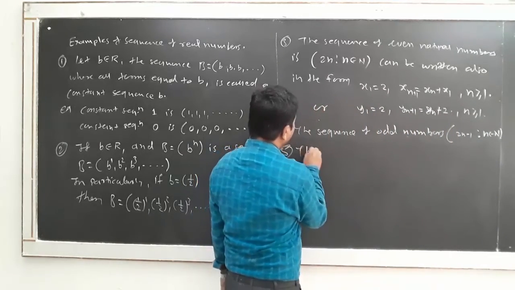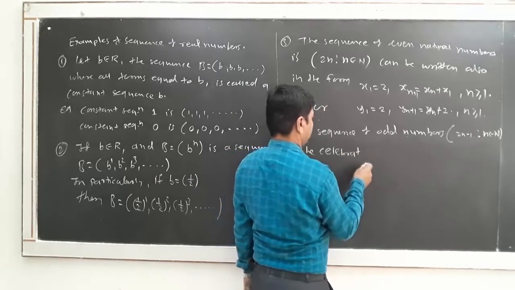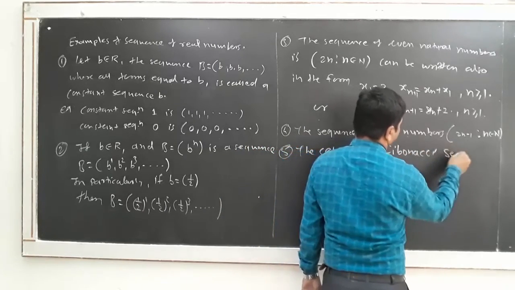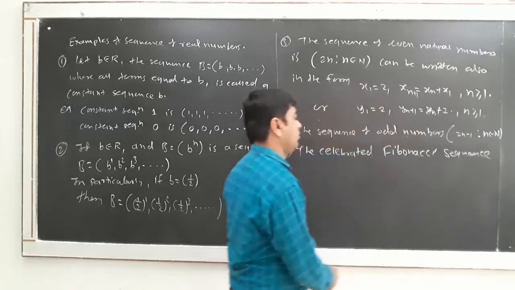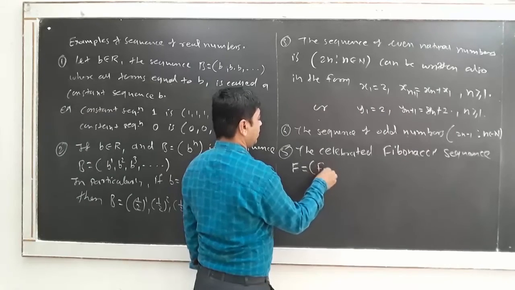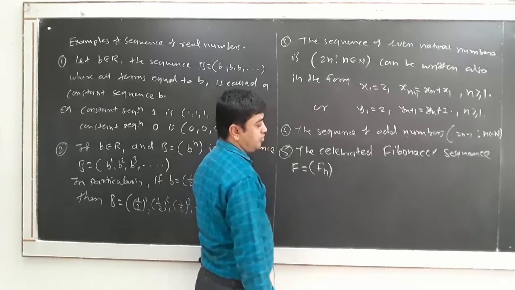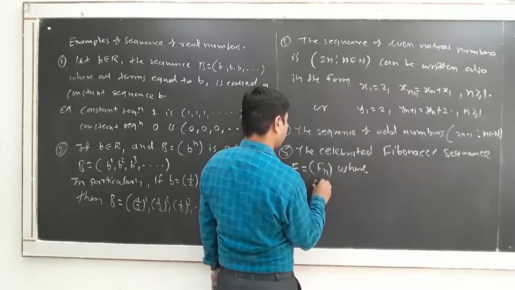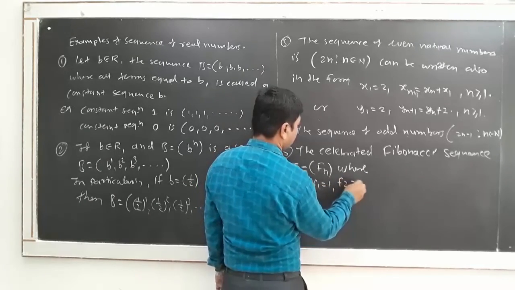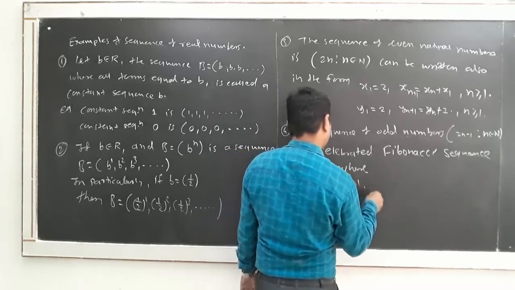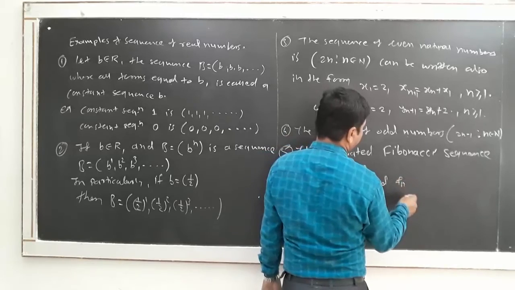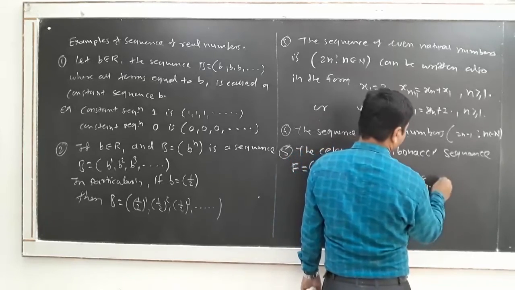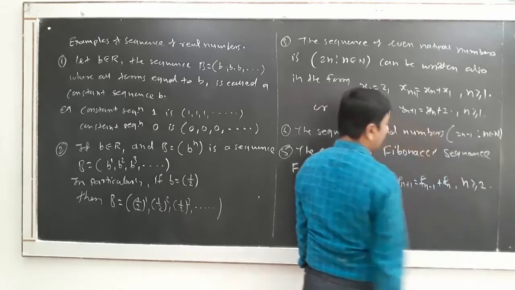The celebrated Fibonacci sequence is fn, where f1 is equal to 1, f2 is equal to 1, and f(n+1) is equal to f(n-1) plus fn for n greater than or equal to 2.